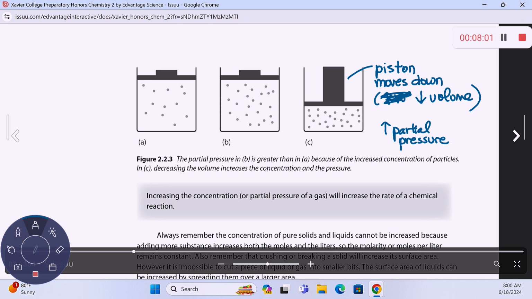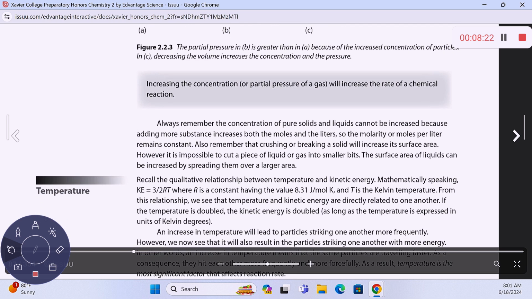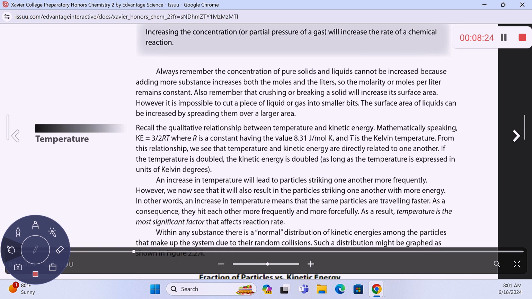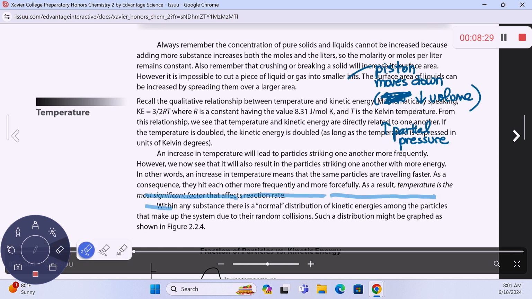Okay, so increasing the concentration of solute in a solution or increasing the partial pressure of a gas will increase the rate of a chemical reaction because those particles will collide more often and they will produce product faster, okay? Now, if you're trying to increase the concentration of a pure solid or pure liquid, it can't be done.